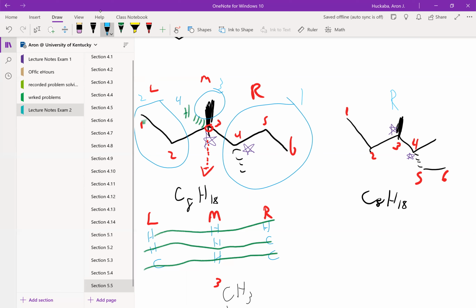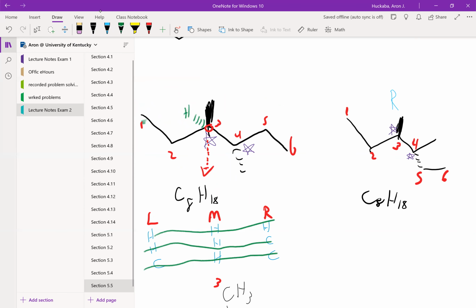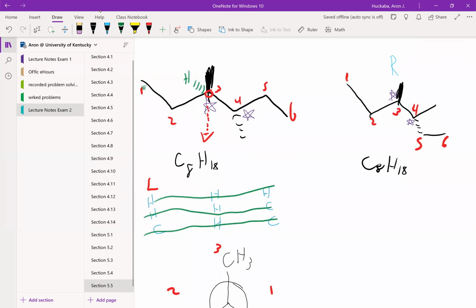Now for the second carbon here, I'm going to erase some of this so we can rework through the same progression. There we are.